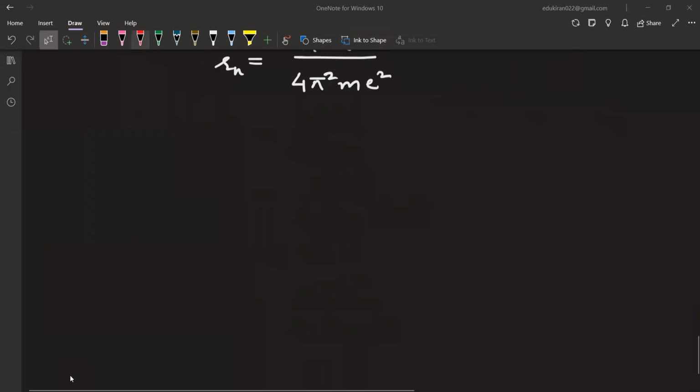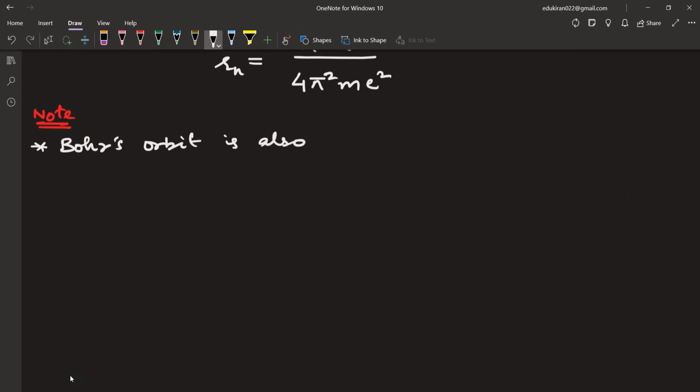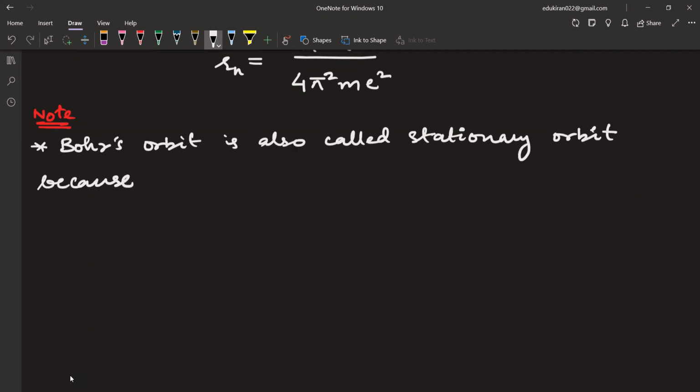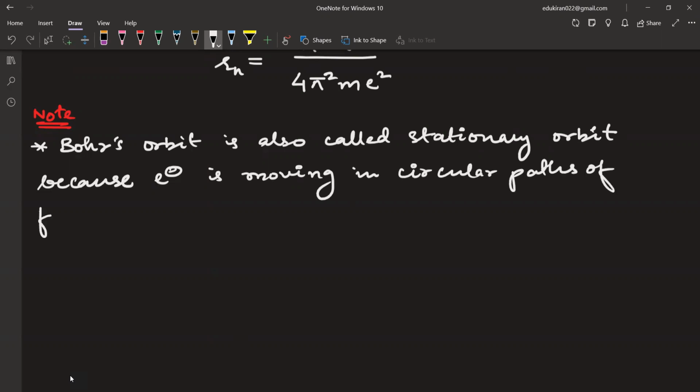Note. Bohr's orbit is also called stationary orbit, because the electron is moving in circular paths of fixed energy.